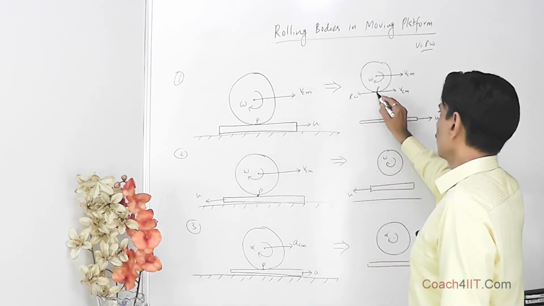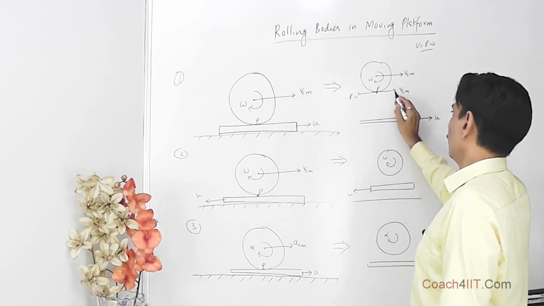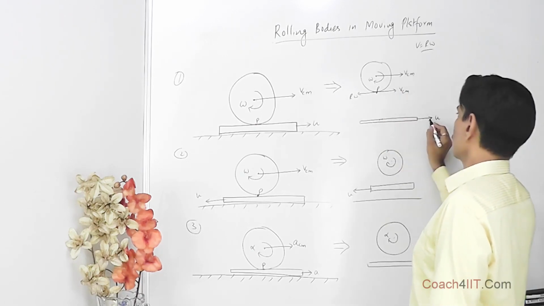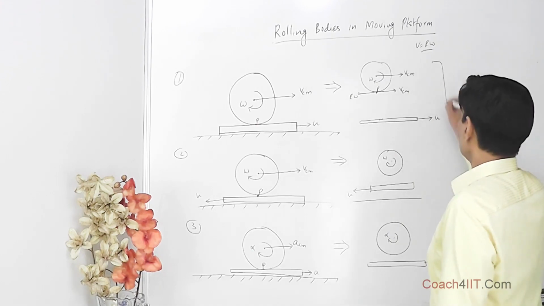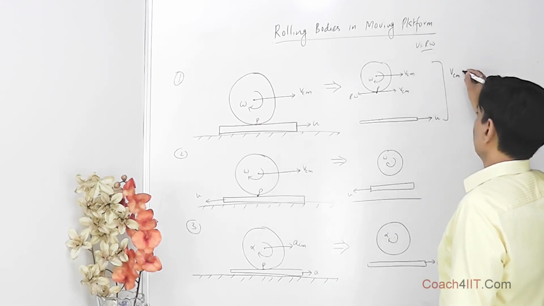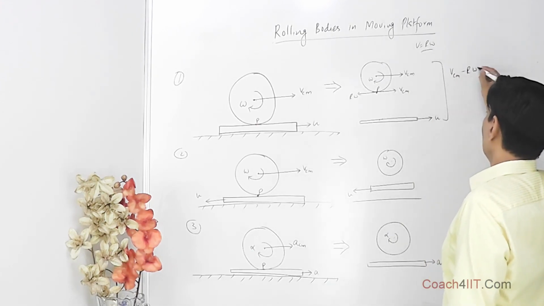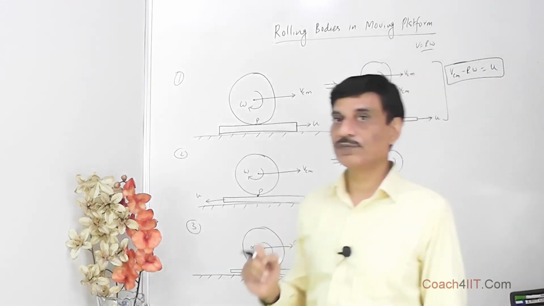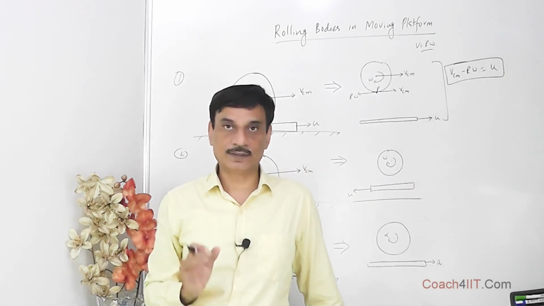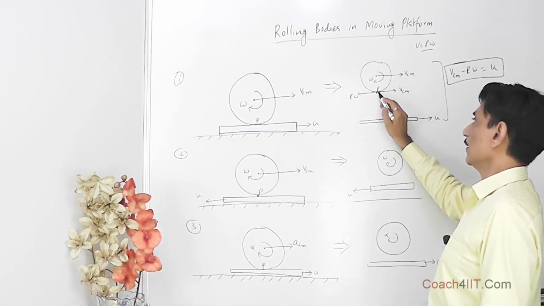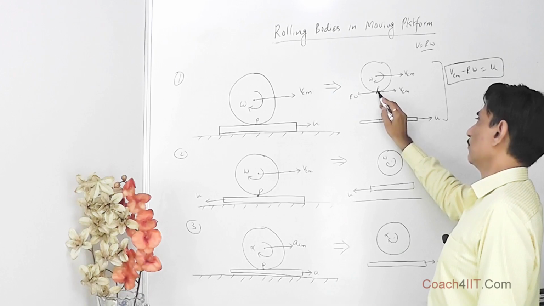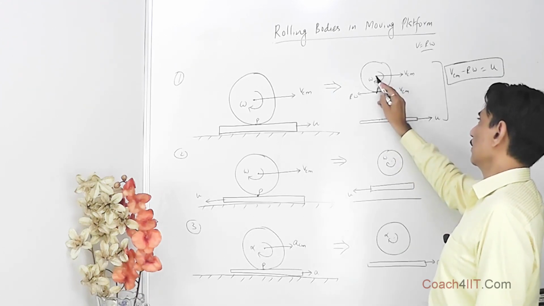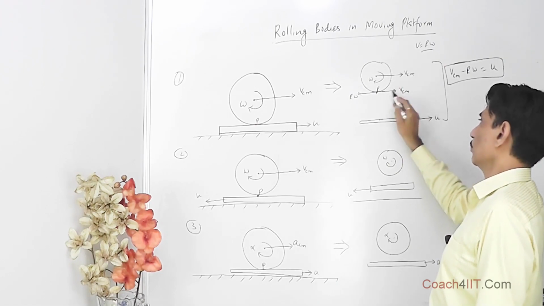The net velocity of this point is the superposition of vcm and r omega. Ultimately this point should have velocity u in this direction. So in this case vcm minus r omega should be equal to u, if there is no slippage and there has to be pure rolling. Because of translation, it has the same velocity as the center of mass, vcm.